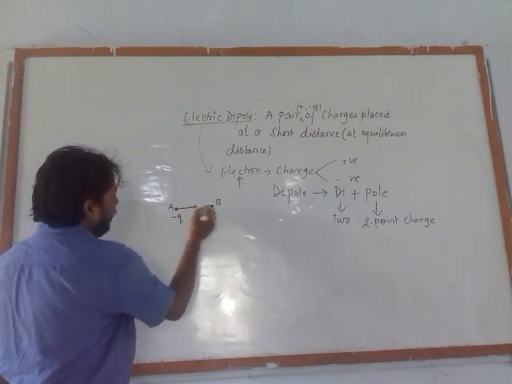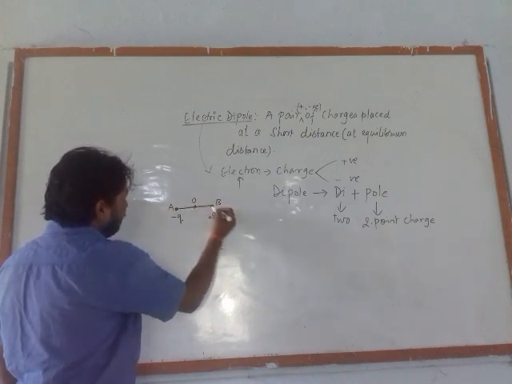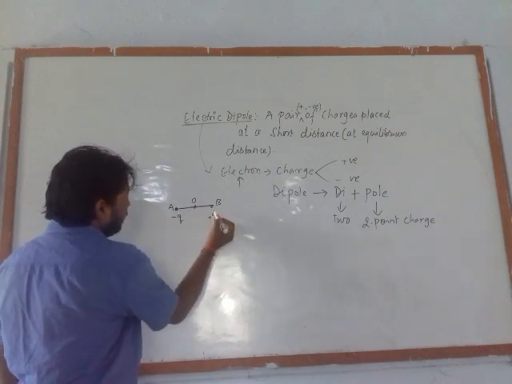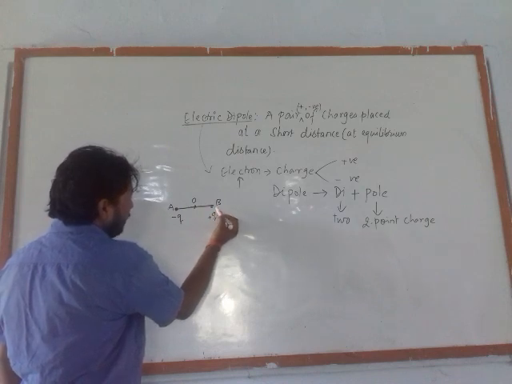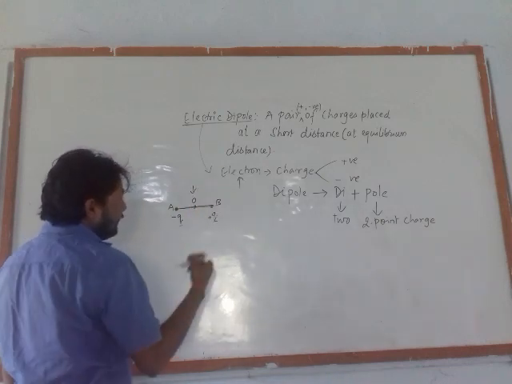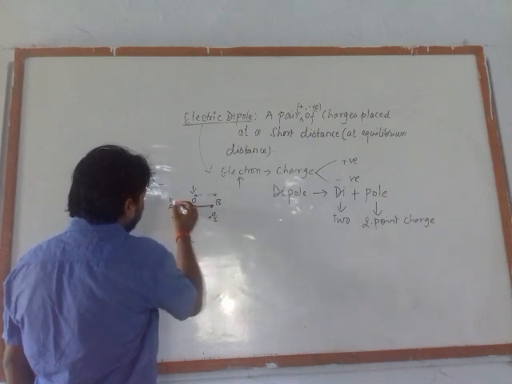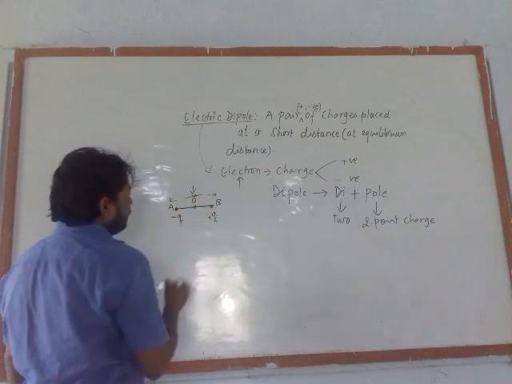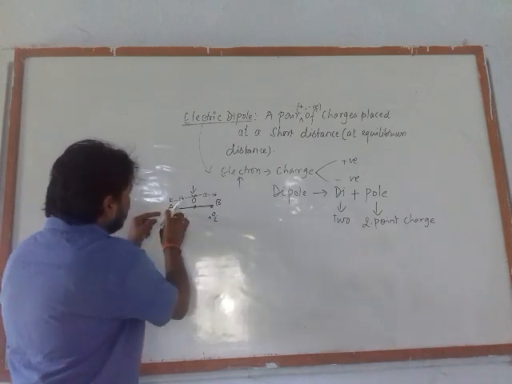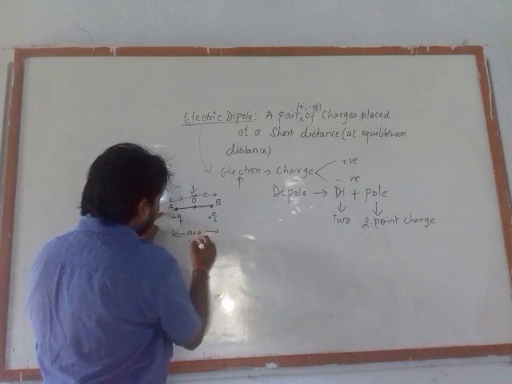Suppose AB is a line joining negative Q and positive Q, and O is the center of A and B. Then we can measure the distance of the charge placed at point A and the charge placed at point B. This is plus Q and this is minus Q. Since O is the center, the distance between O and B and the distance between A and O both should be same. So I am keeping them as A and A. And if I measure the total distance of AB, it should be A plus A, finally 2A.